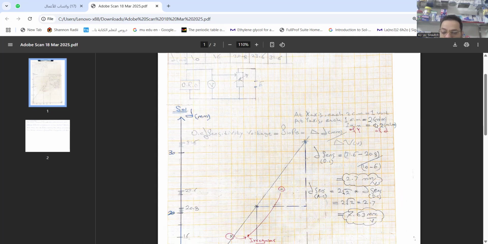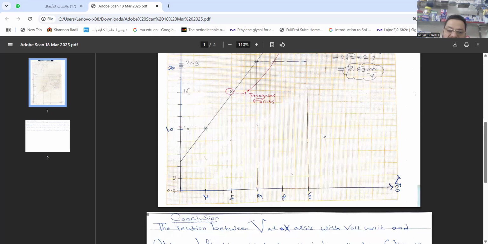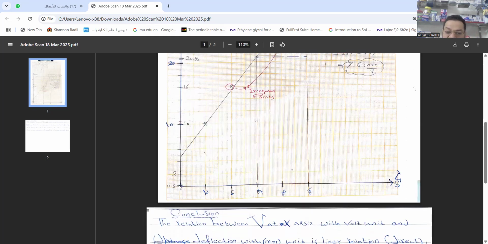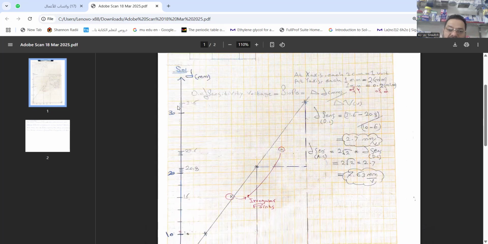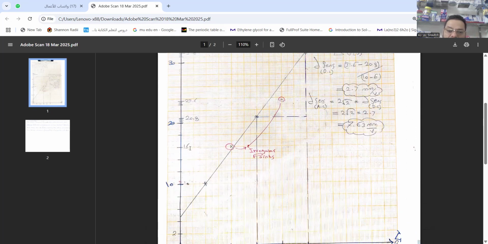1 centimeter equals 2 millimeters of deflection. That means each 1 millimeter will equal 0.2 millimeter of deflection. Now let's see all of these. Each 1 centimeter equals 2 millimeters of deflection. That means here 10, 20, 30. And here I have 10, 16.